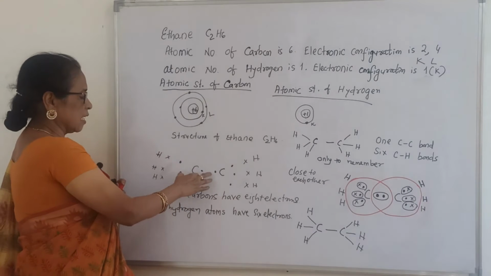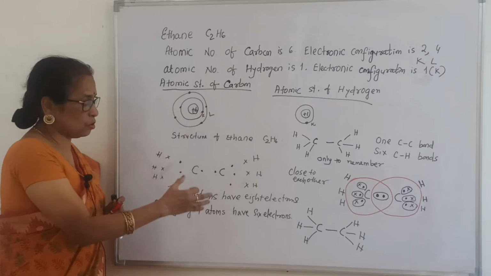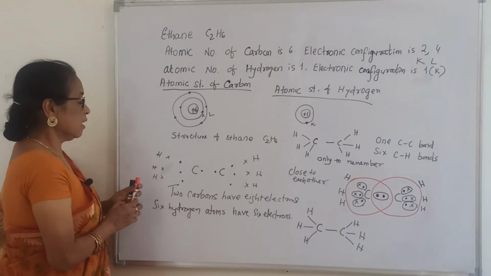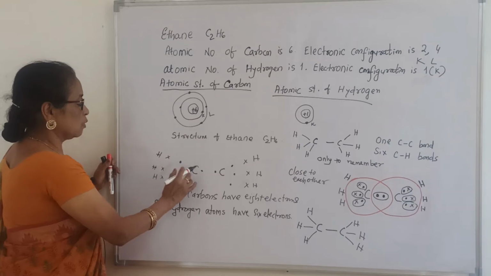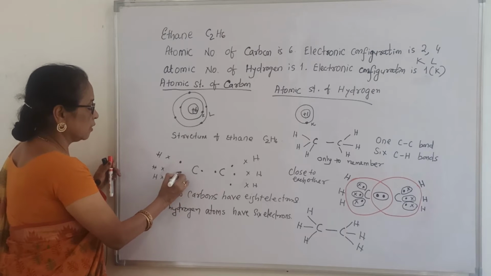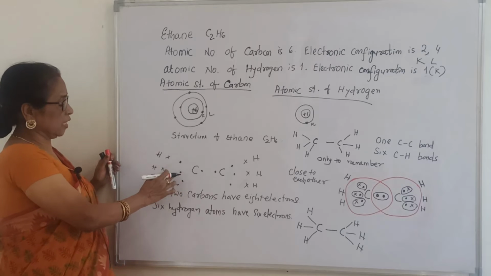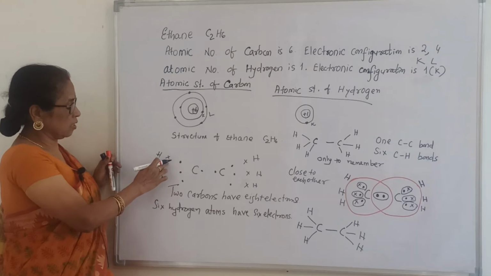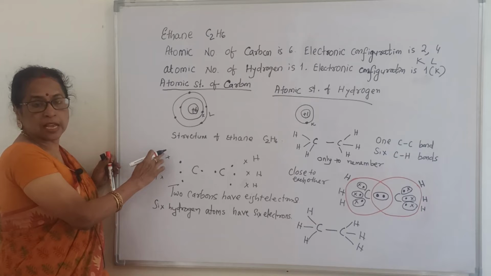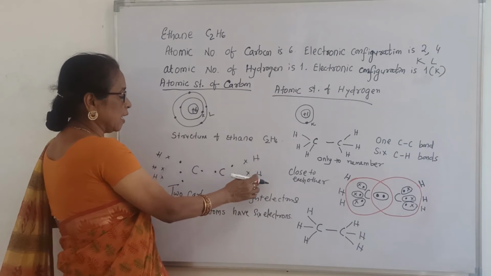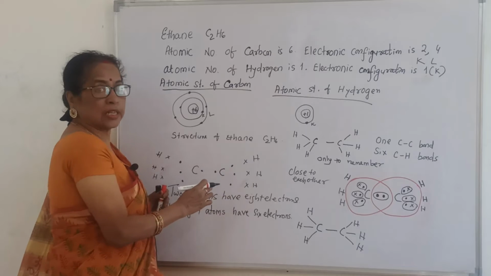Now this is the carbon, there are 4 electrons in the outermost shell, 3 this one and 1 this one, and on this carbon also 3, 1, that is 4. Here you can see hydrogen also has 1 electron, these 3 hydrogens having 1 electron each, and the right side also 3 hydrogens having 1 electron each.